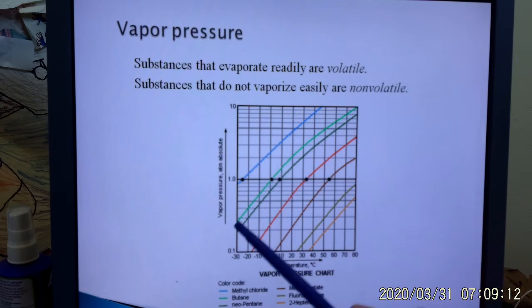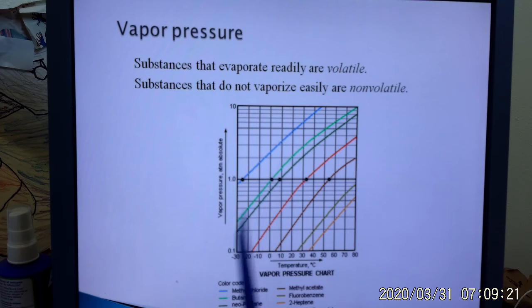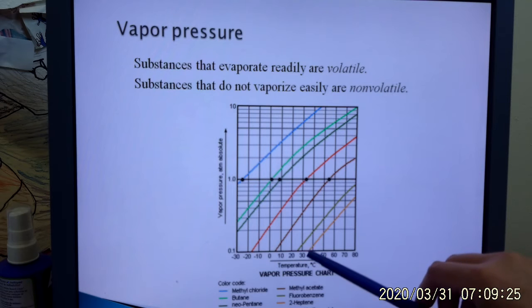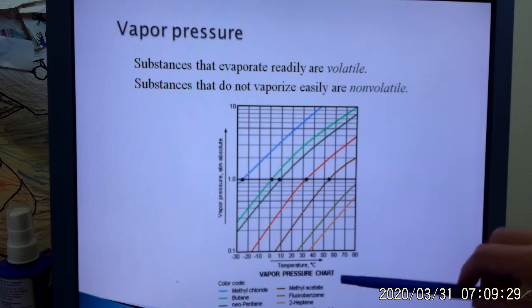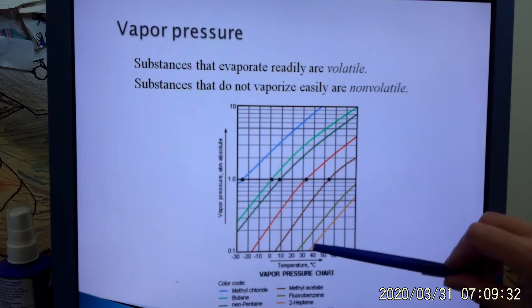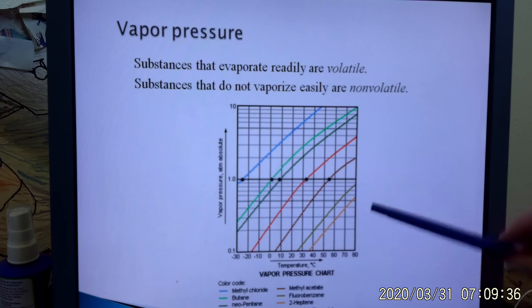Okay, so these are volatile. Because you see, even at 0 degrees Celsius, this one, like butane, has a substantial vapor pressure. As you go across, like 2-heptene, you can see that at 40 degrees, there's very little vapor pressure present. So 2-heptene is considered much less volatile.